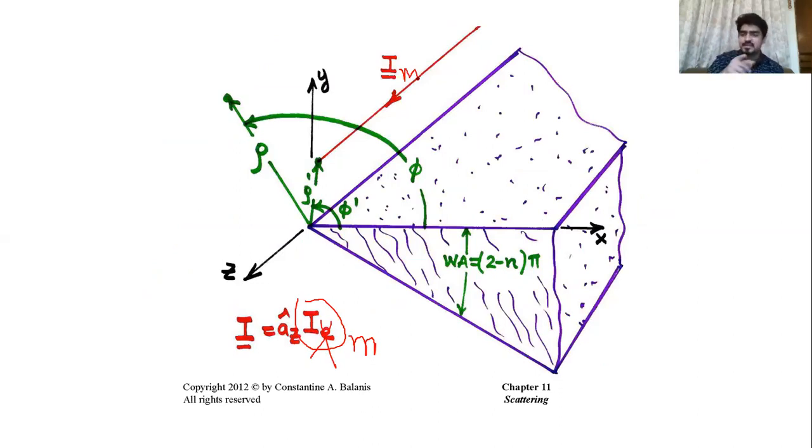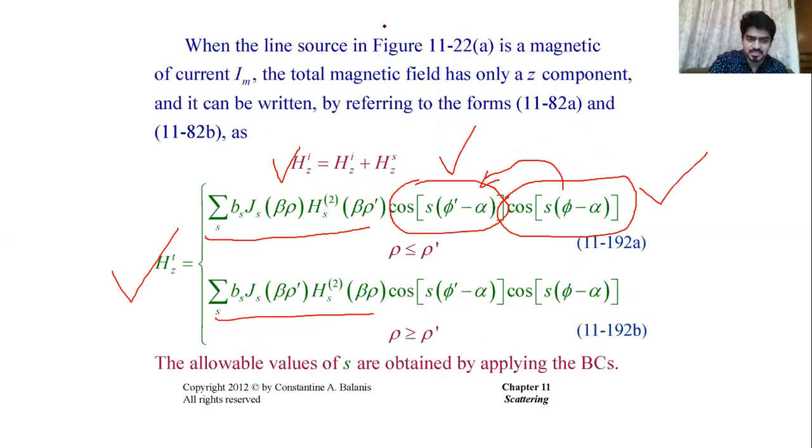Consider this. If we move this magnetic line source into the far field region, since your magnetic field is going to be parallel to the z axis, as we just showed that the H field has a z component, your E field will be in the xy plane. So now your E field is in the transverse direction to the z direction.